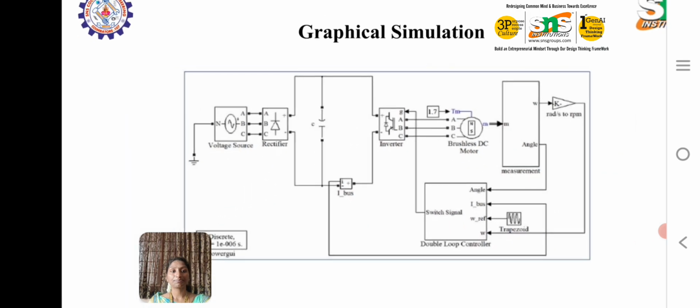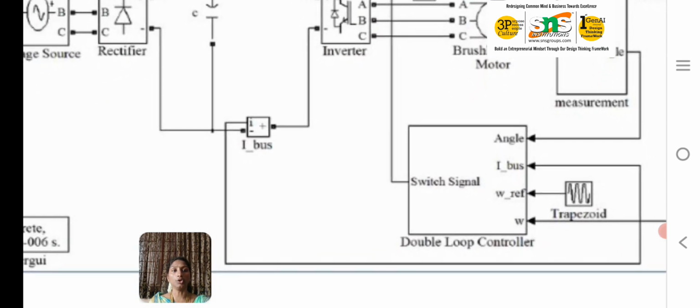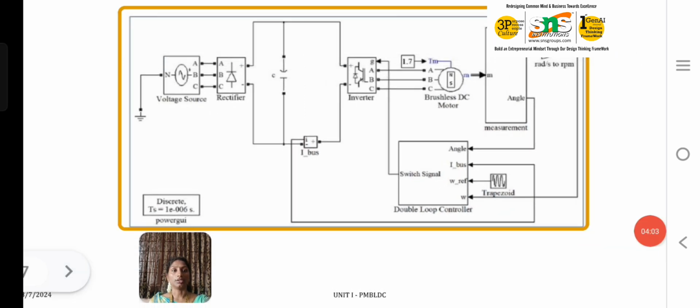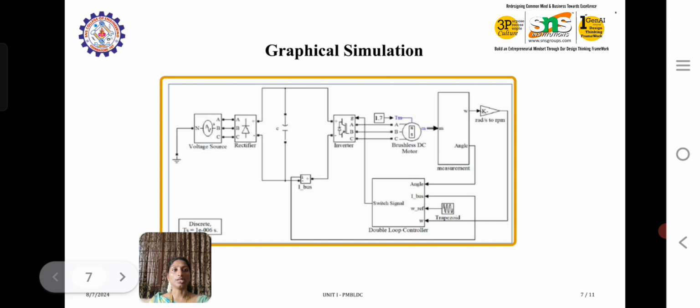And this is the double loop controller, in which we will have current and angle references, and this is the simulation picture of the BLDC motor. See the radians to RPM block, that is to control the speed of the PMBLDC motor. So this is the graphical simulation part.